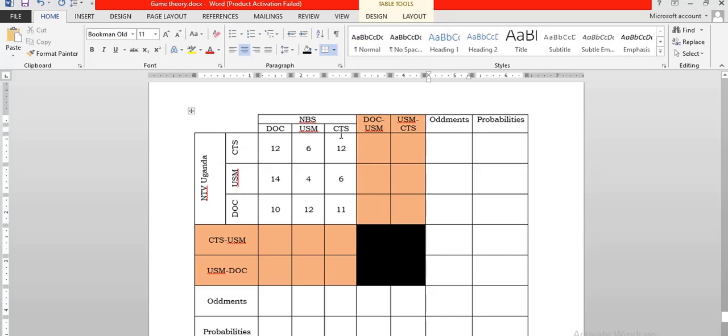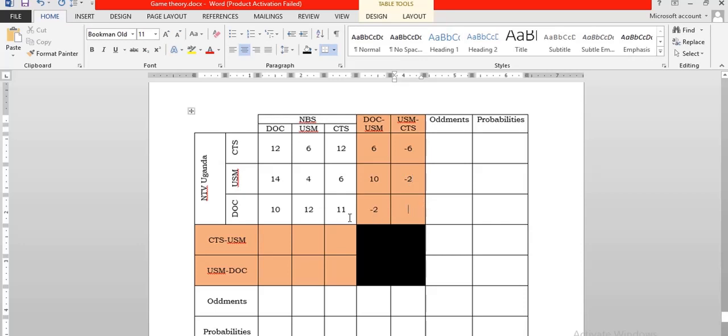Now, we begin. Doc minus USM shall be 12 minus 6, that is 6 here. Next is 12 minus 4, that is 10. Then 10 minus 12, that is negative 2. Then here, 6 minus 12 is negative 6. 4 minus 6 is negative 2.